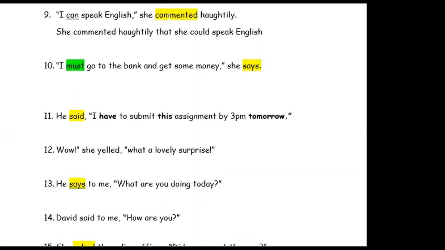But guys, if I have just the word "comments" in the present tense, then I wouldn't change the word "can" to "could". It would stay as "can". She comments haughtily that she can speak English, all right? Just showing you that little change.